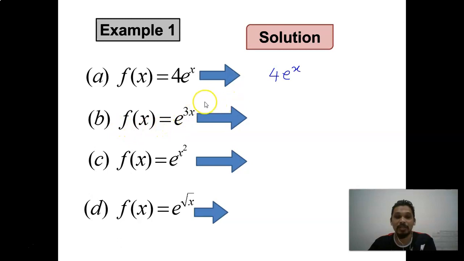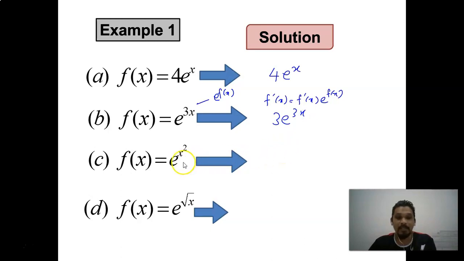Okay, so it means that this is considered as e to the power of f(x), and then the derivative equals f prime x times e to the power of f(x). So in this case, it comes out with 3e to the power of 3x.